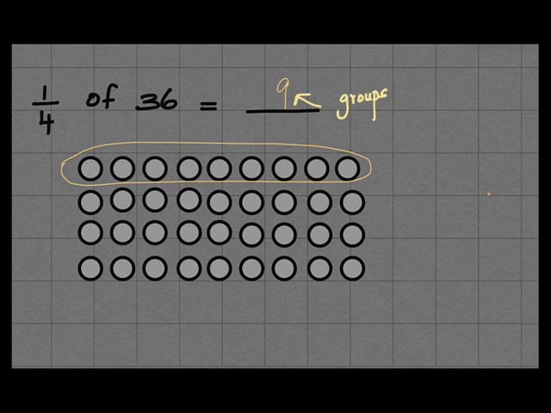So 9 groups are formed when we multiply 1/4 times 36. So this value is 1/4 of 36. If you see here, the total number of circles will be 36. 1/4 of 36 is 9.